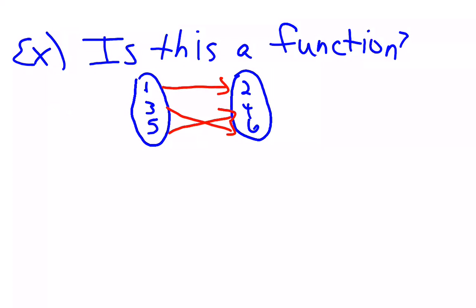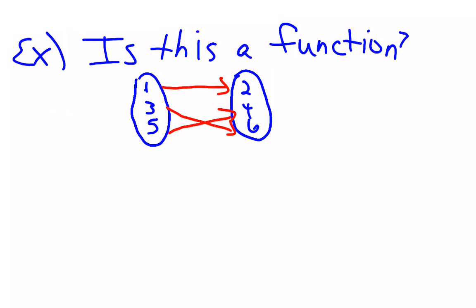So in this case, it's not labeled as such, but the left side is going to be our x's, and the right side is going to be our y's, which means our input, output, or x or y. So in this case, we're going to follow the arrows. Our input values, our x values, are 1, 3, and 5.